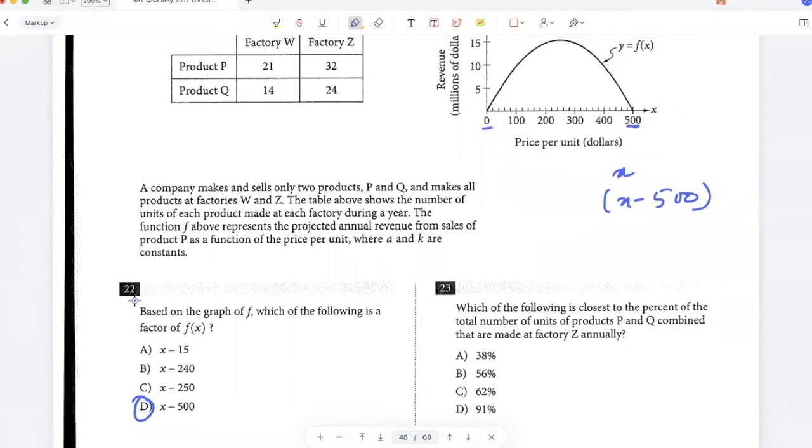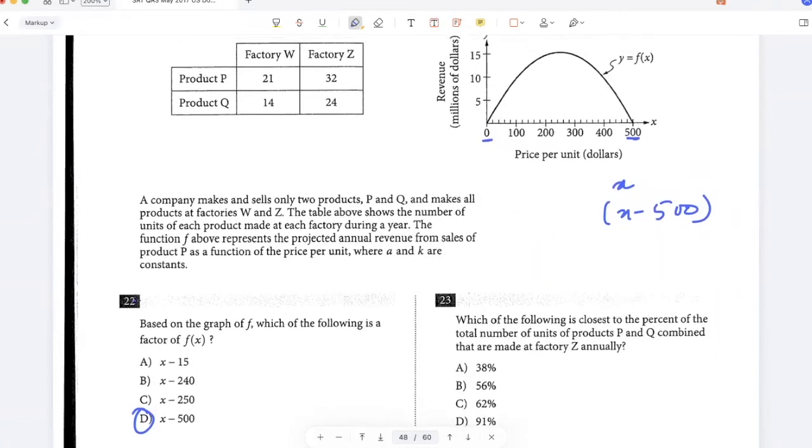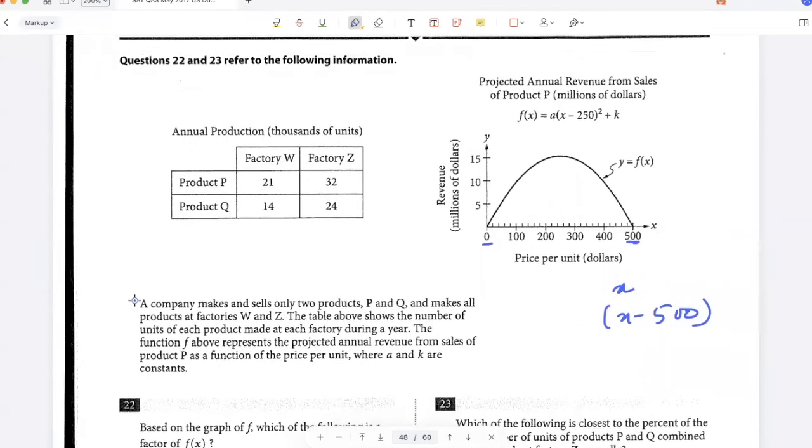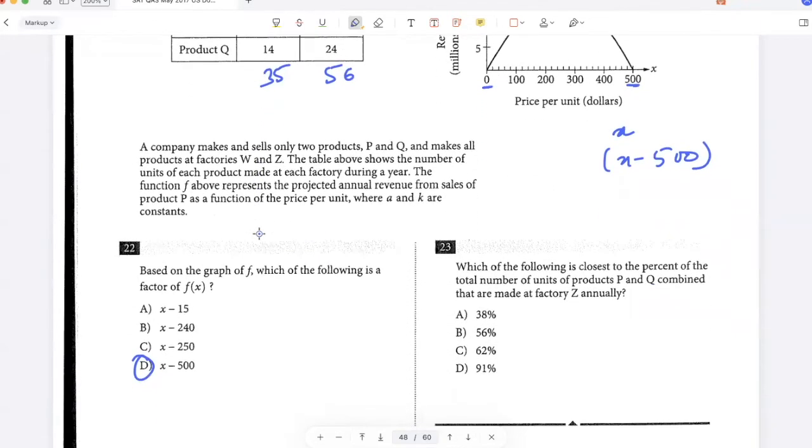Which of the following is closest to the percent of the total number of units of products P and Q combined that are made at factory Z annually? Percent of the total number of units made at factory Z. Okay. So P and Q combined at Z is 4 and 2, 6, 3 and 2, 5. And at W, it's 4 and 1, 5, 2 and 1, 3. So at factory Z, it would be 56 by 56 plus 35 into 100.